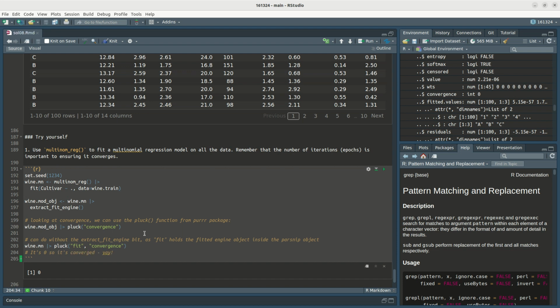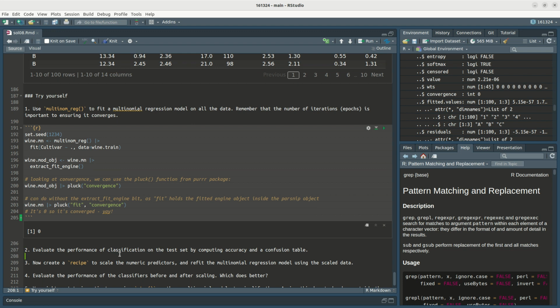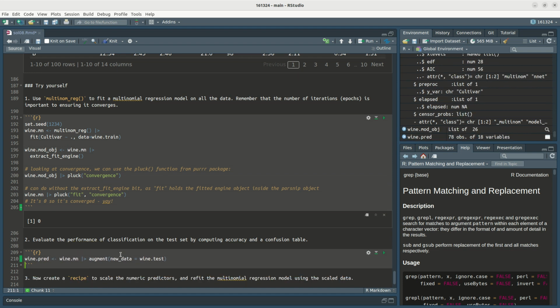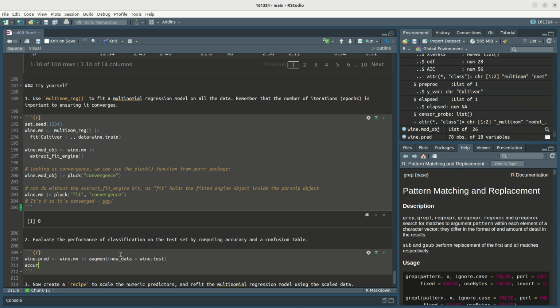Yay. Okay. So let's now look at how well it does. We could augment with the test set. So this just gives us our predictions, and then we could do accuracy.